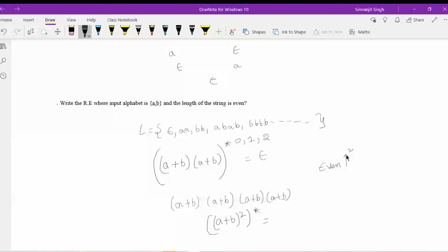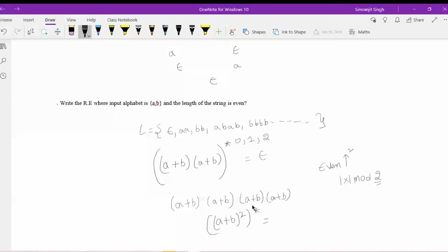This is also like saying that the length of the string is divisible by 2. For mod 2, you just raise it to the power of 2. So epsilon can be extracted, a one length string is not possible here, only 2, 4, 6 and 8. I hope you get the point here.